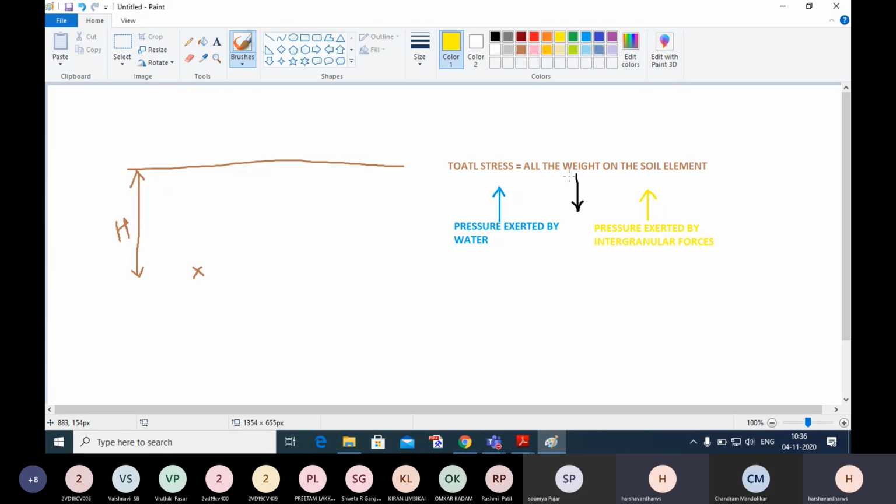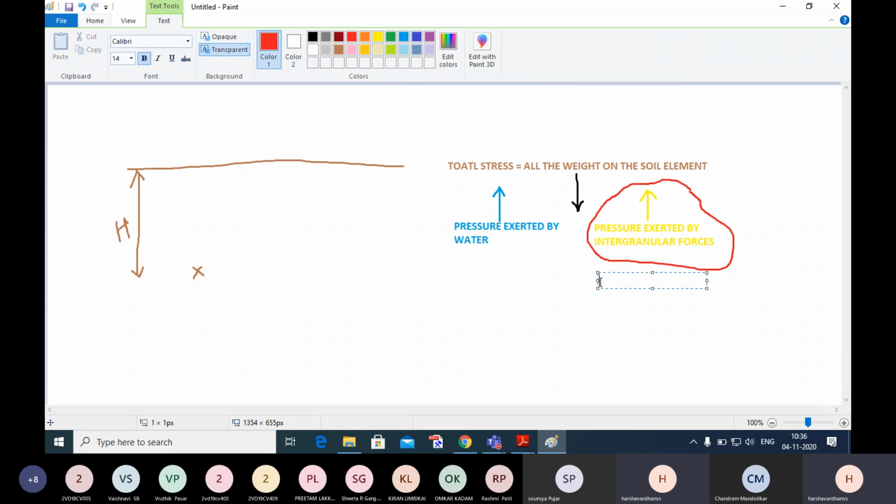Now, out of these three components, you cannot measure the pressure exerted by the intergranular forces. This is also called effective stress.